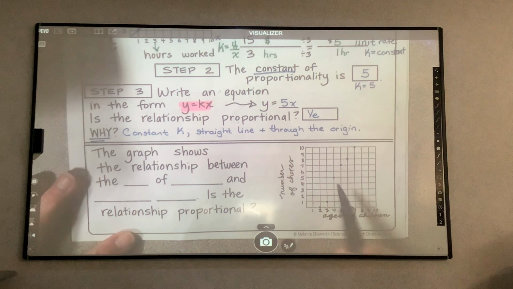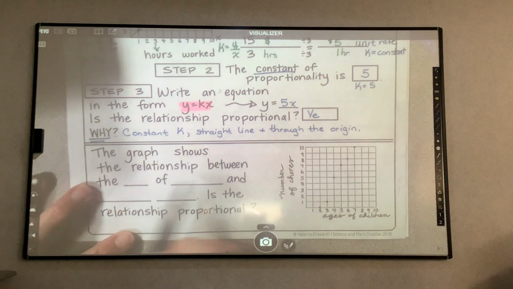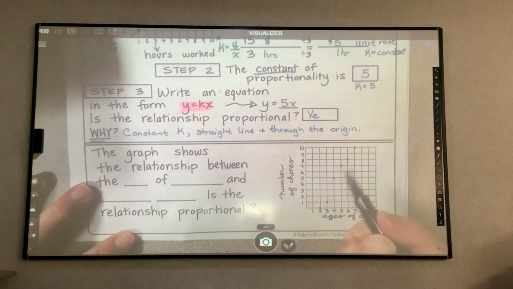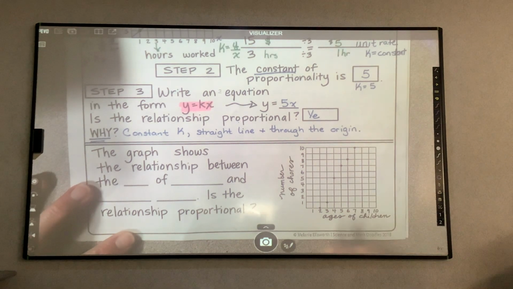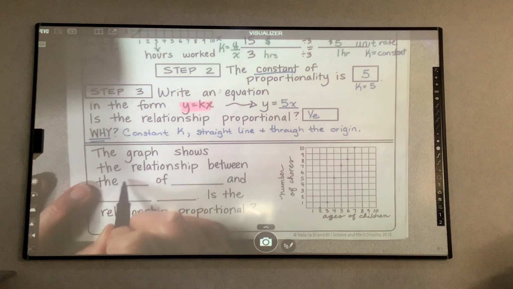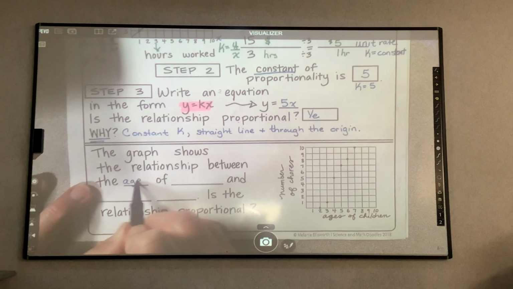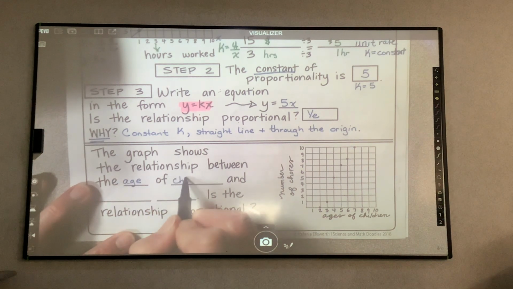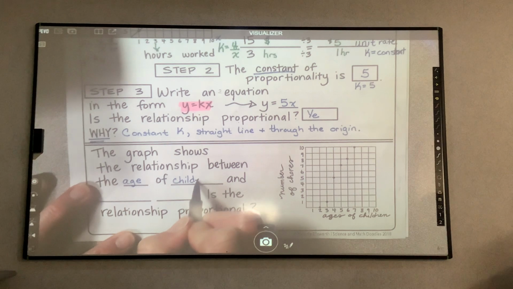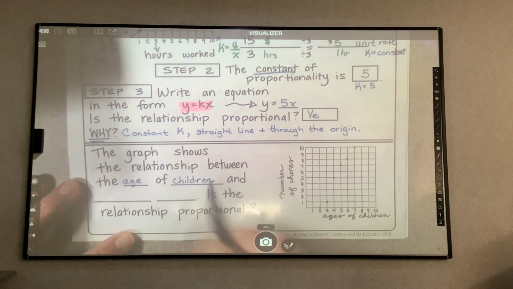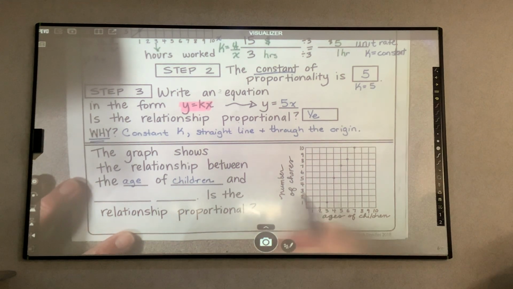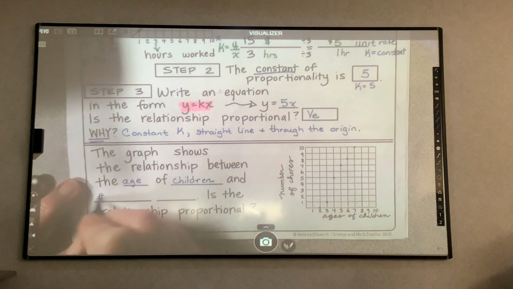The next example, the graph shows a relationship between the ages of children and the number of chores.